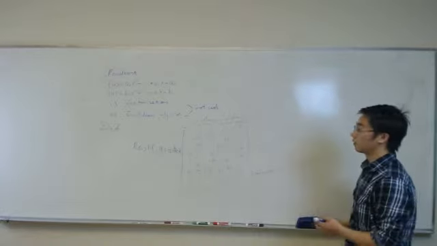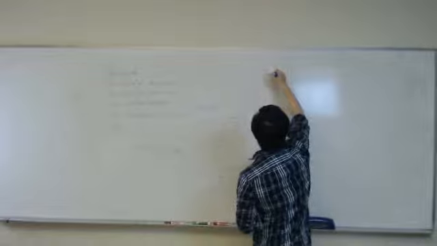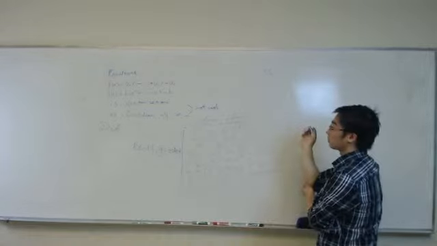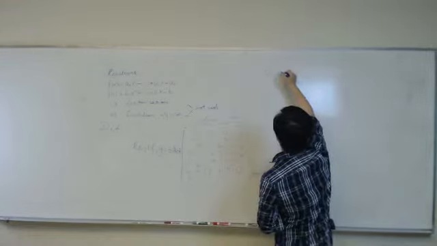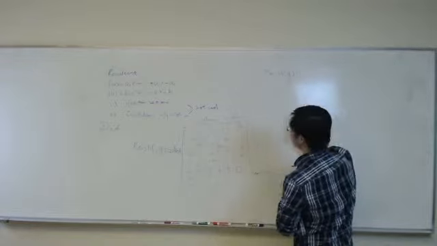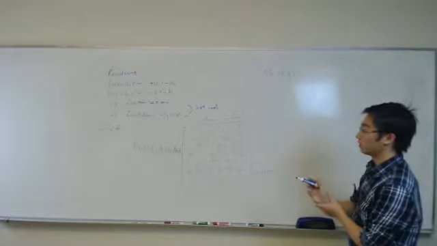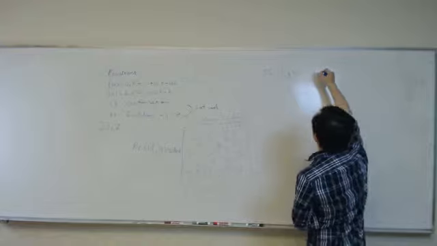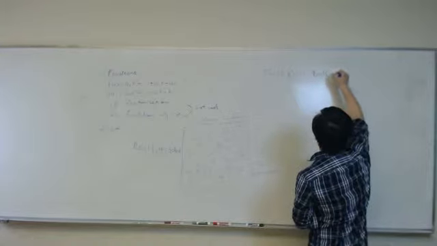And we have a theorem: two polynomials f and g are co-prime to each other if and only if the resultant of f and g is not 0.